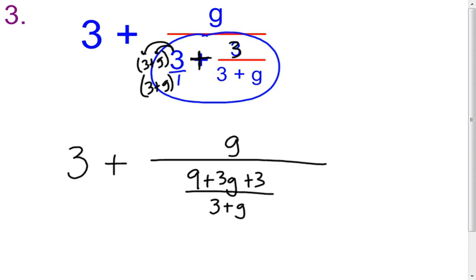Okay? And then clearly I can take the 9 plus the 3 here and here, and make that be 12. So I'm just going to change this top right here to 12 plus 3g instead.